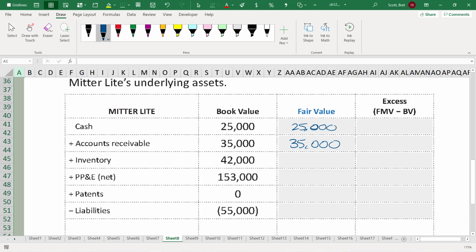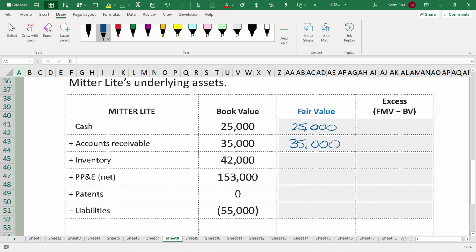So if all the accounts receivable from the target company are carried over to the parent company, Beerbo is going to pursue getting those accounts paid just as Mineral Lite would. So it seems reasonable just to say, hey, $35,000 seems okay for the fair value of those receivables.